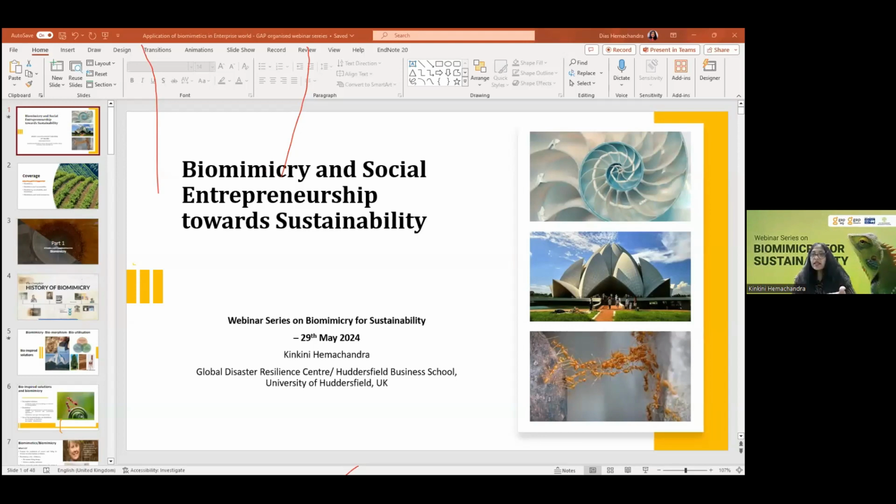Within understanding these Sri Lankan social entrepreneurs, we looked at what type of nature-related activities are already incorporated within their businesses. Based on that knowledge, we are trying to identify the current practices.